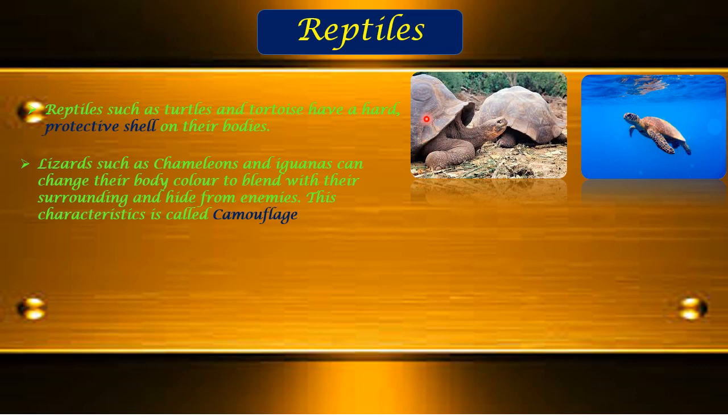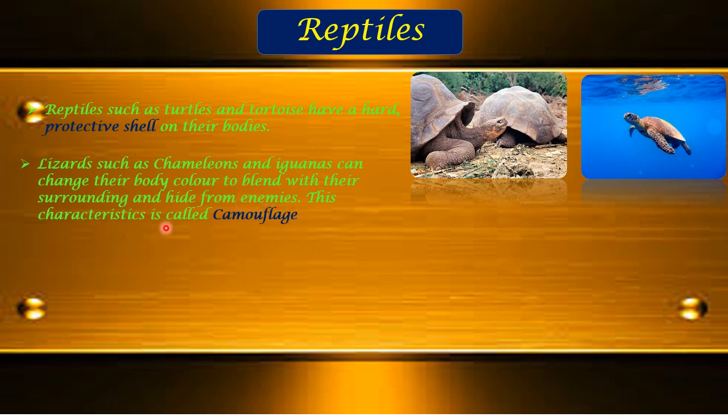Why is this shell there? It protects them from enemies, from predators. They put the whole body inside the shell and protect themselves from their predators or enemies. And here, read out this: lizards such as chameleons and iguanas can change their body color to blend with their surroundings and hide from enemies.